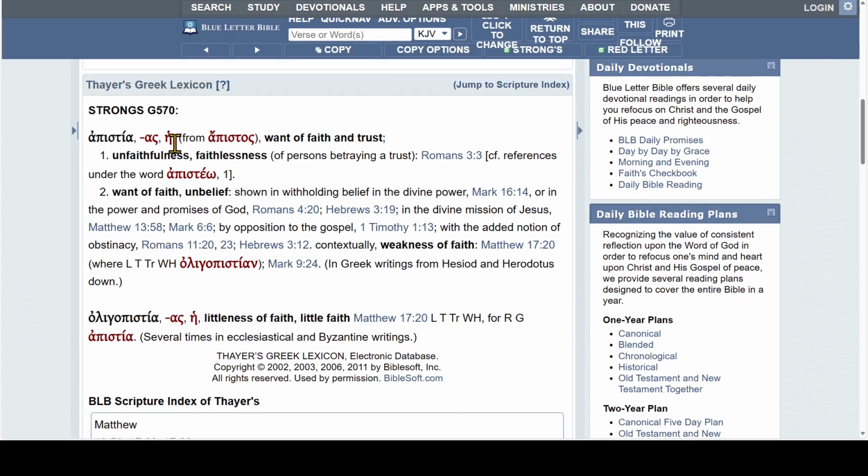Sometimes when we're studying the Bible, people have questions about unbelief because it's used in different scriptures. This will clarify in this particular scripture what it actually means, so your interpretation will be much more accurate. Unfaithfulness, faithlessness, want of faith, unbelief, weakness of faith. So it's really, really helpful.